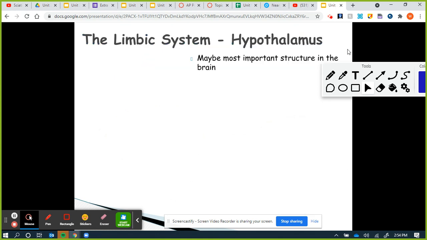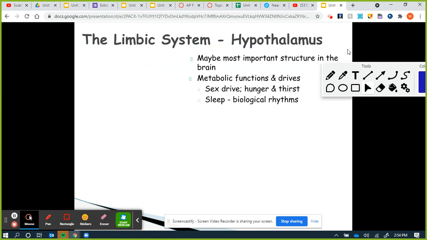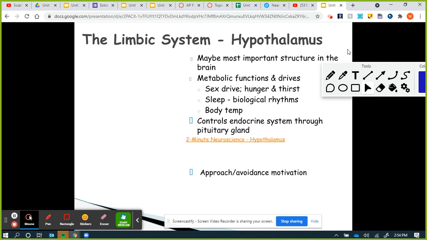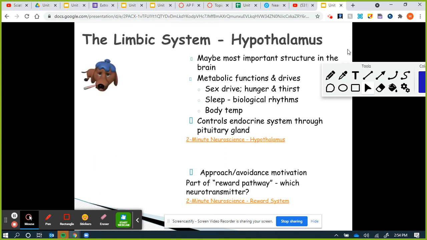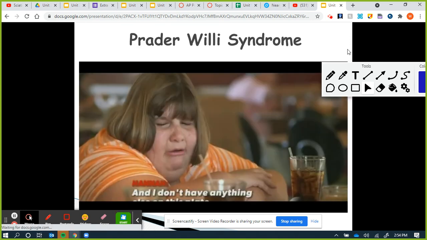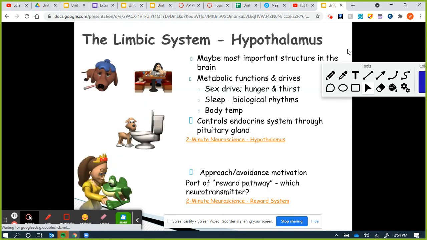The most important structure in the brain: the hypothalamus. The hypothalamus controls metabolic functions, meaning it controls our metabolism. It controls our sex drive. So if you're horny, that's your hypothalamus.